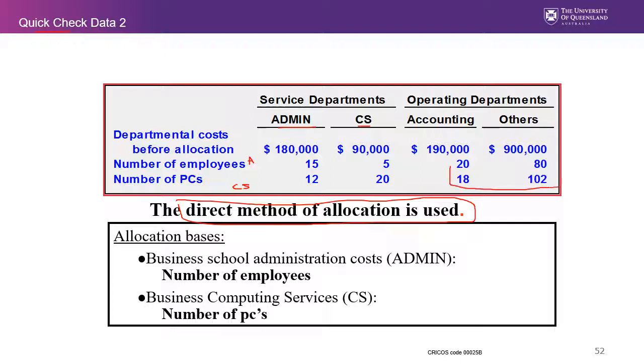Remember, if we're using the direct method, we only use the operating or production departments allocation base to allocate admin and computing services.